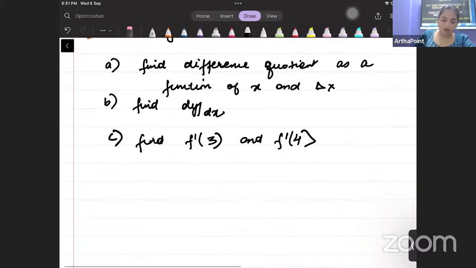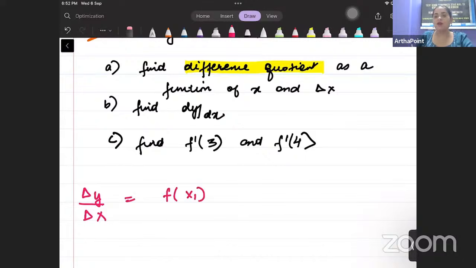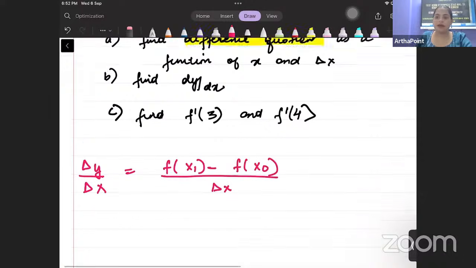Let's start. First of all, I want to find the difference quotient. How did I explain it? It is change in y by change in x. What is change in y? Value of the function at new value of x minus value of the function at old value of x, upon change in x.